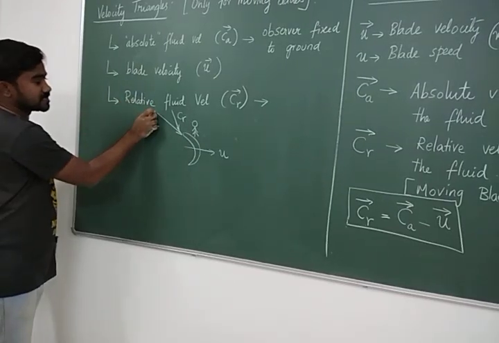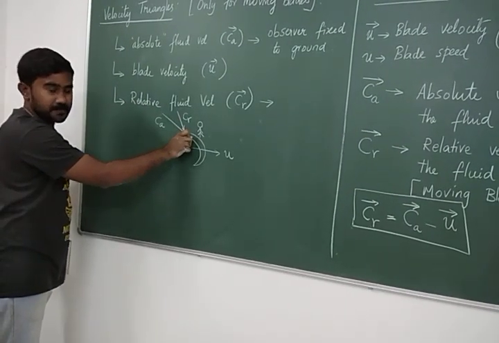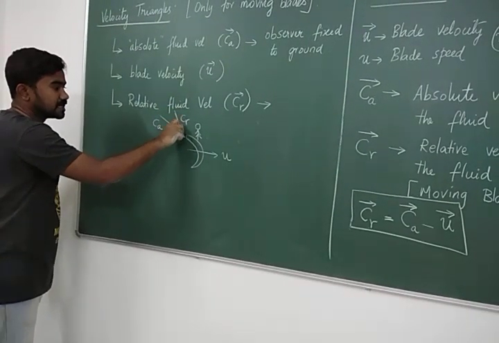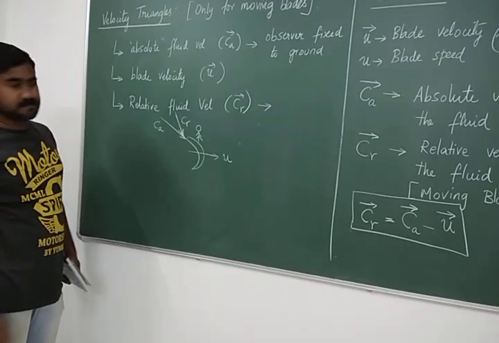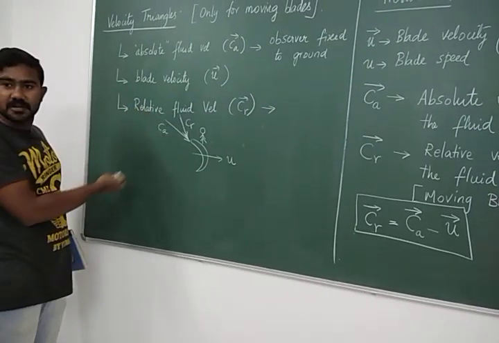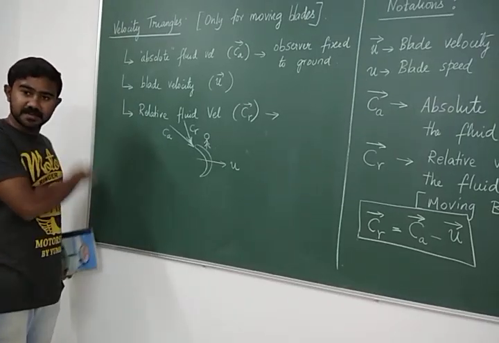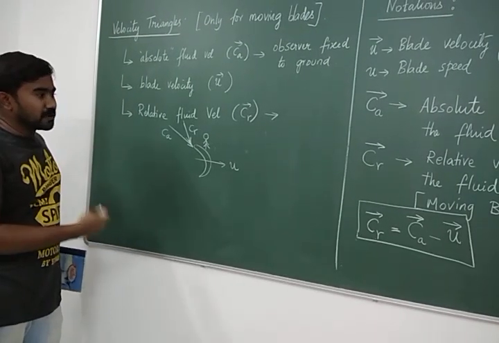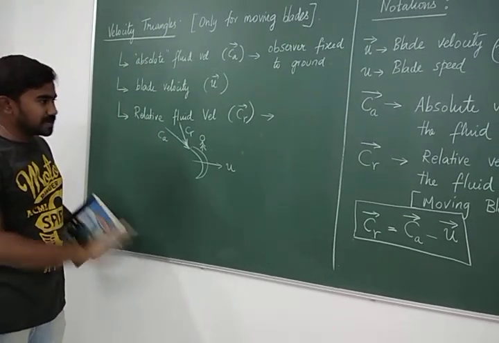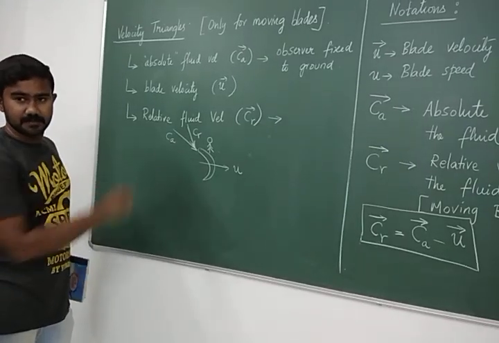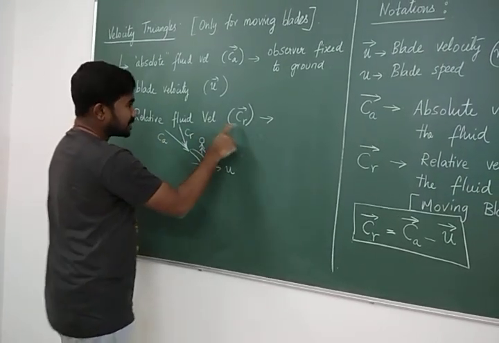A stationary observer will see the fluid going at this velocity, whereas a moving observer will see the fluid going at a different velocity. This idea of relative velocity we have already studied in engineering mechanics. So if you are confused with this, you have to go back to your engineering mechanics and recall the ideas of relative velocity. Now what is meant by relative velocity?